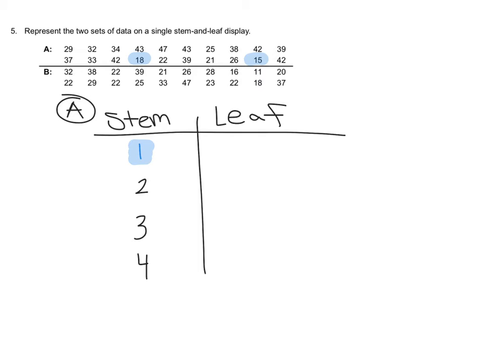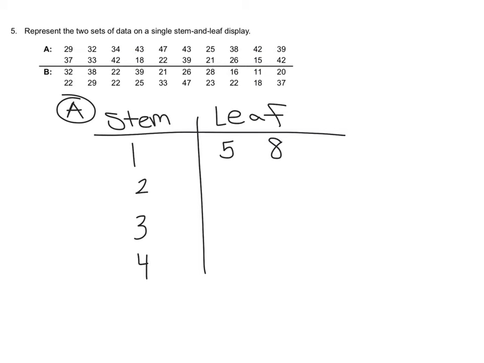Now, my leaf of 18 is an 8, and then my leaf of 15 is a 5. I'm going to write the leaves in increasing order from left to right. So I'll write this as 5 space and then 8. We can also think of this as the leaves increasing in order away from the stem.